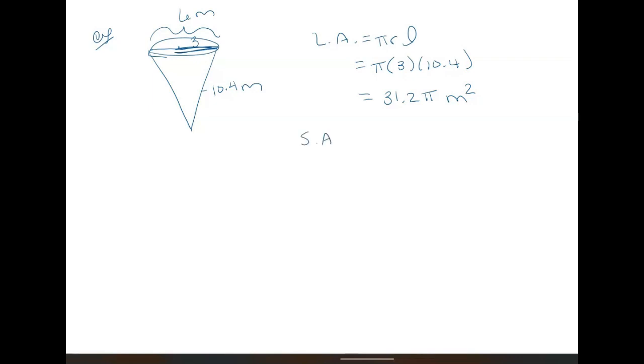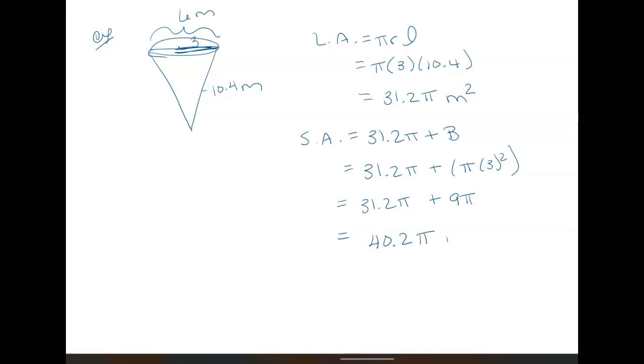All right, and then the surface area is that lateral area plus the area of the base. But the area of the base is simply that circle, which is pi, and then r, which is 3 quantity squared. 31.2 pi plus 9 pi is going to give us 40.2 pi meters squared.